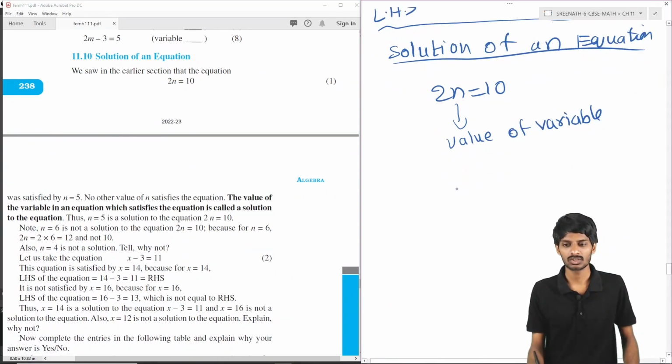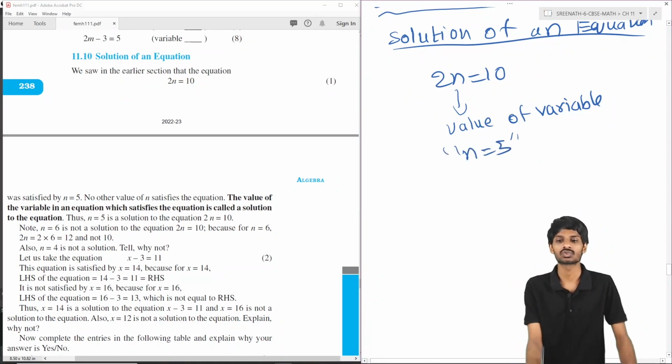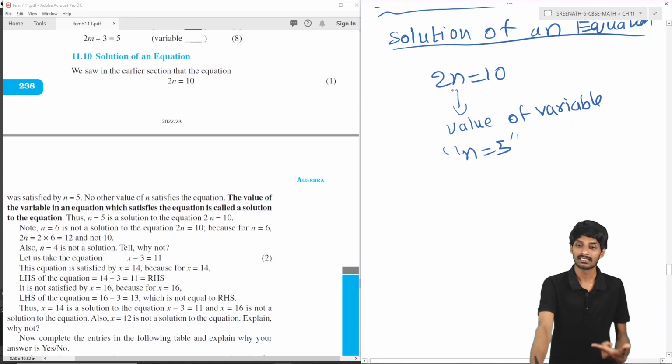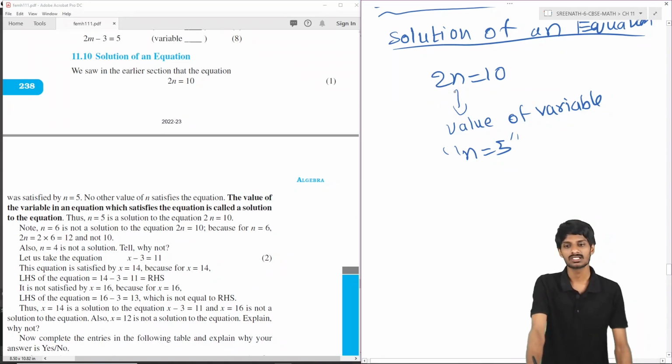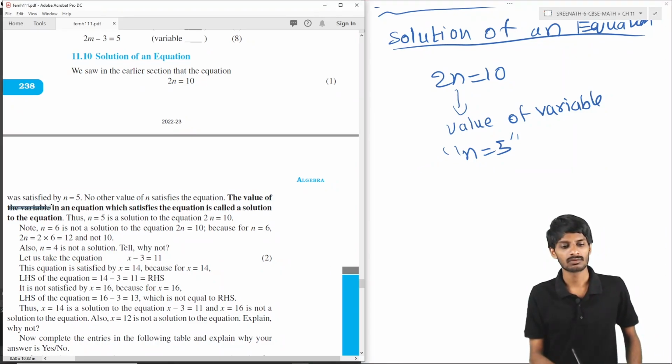So for example, 2n equal to 10, the n value is equal to 5. Whenever the n value is equal to 5, this condition is satisfied, this equation is satisfied. So this n equal to 5 is the solution of the equation, students. The value of the variable is the solution.